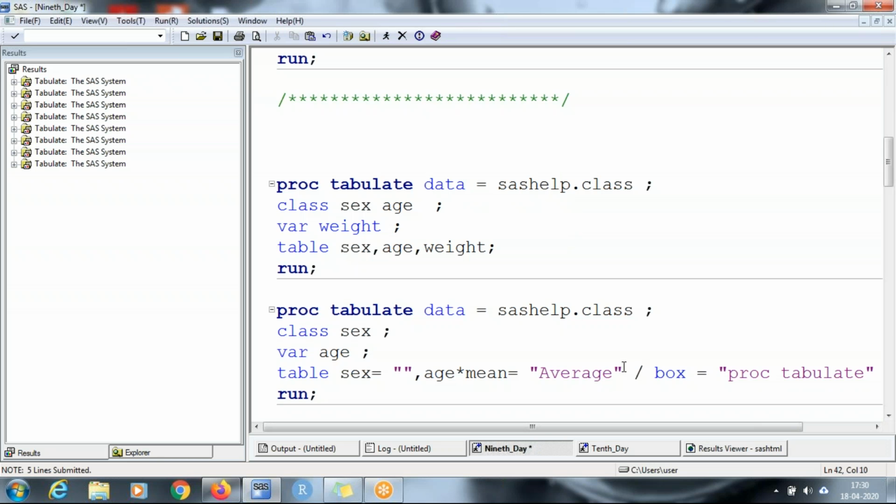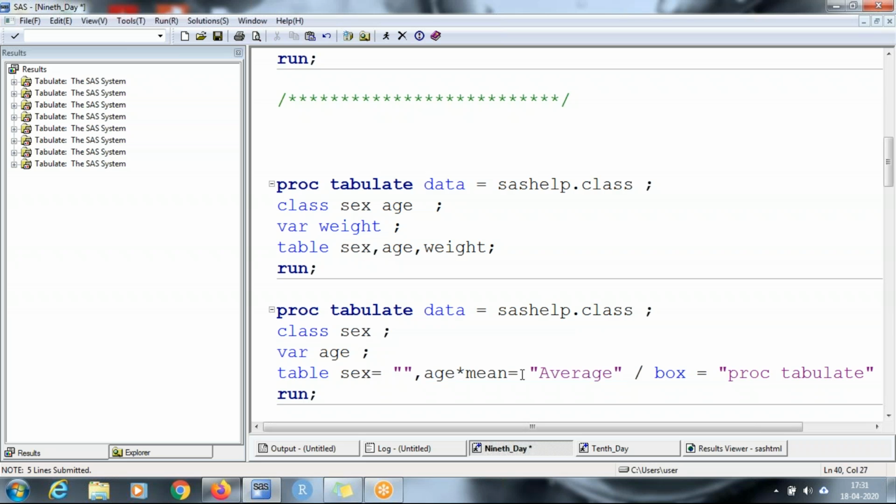All right. Now let's talk about this portion. So you already know about this area, right? This is for column, and by default we get a sum as a default statistic of our variable. Now your objective is different. For example, you want to calculate the average, right?